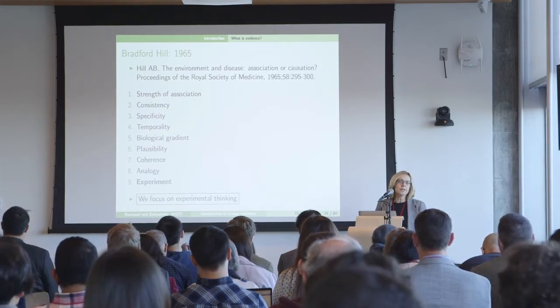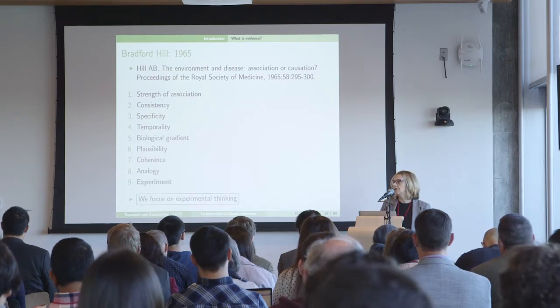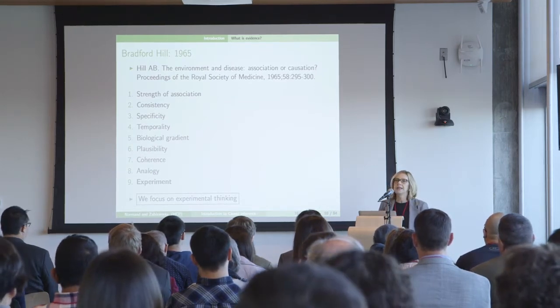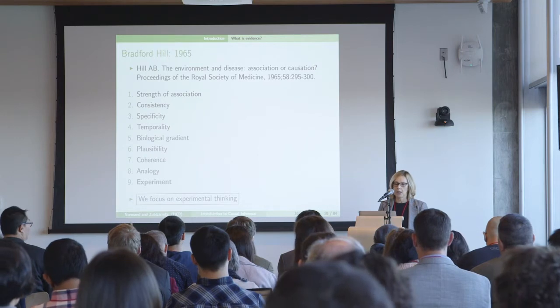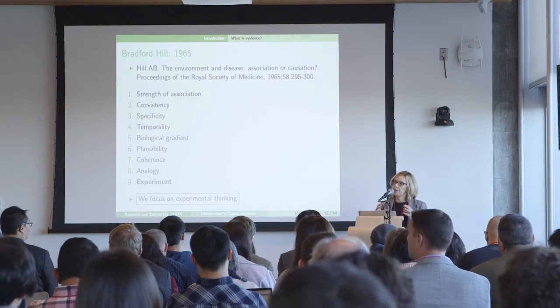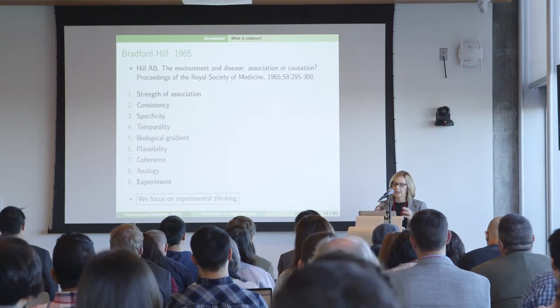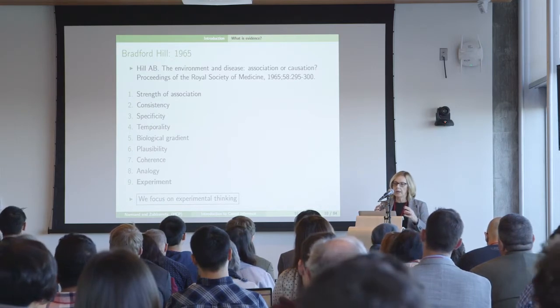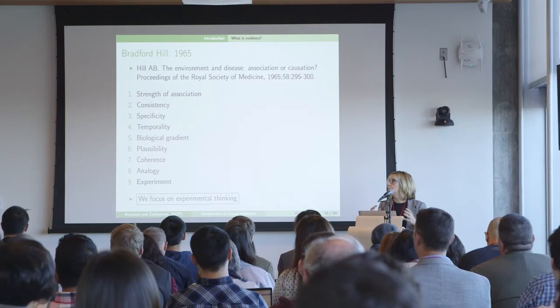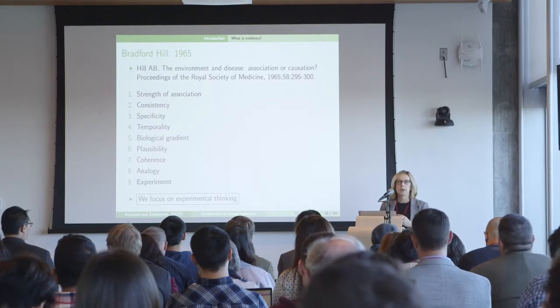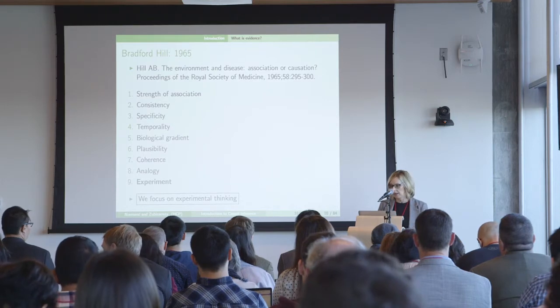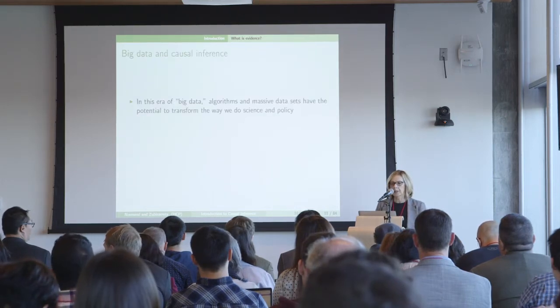Here I've bolded experiment because that's what's going to be our thinking today, experimental thinking. We are going to set up the framework of creating evidence with the thought in mind of conducting an experiment where you have control of the treatment assignment, the intervention assignment, in your hands.